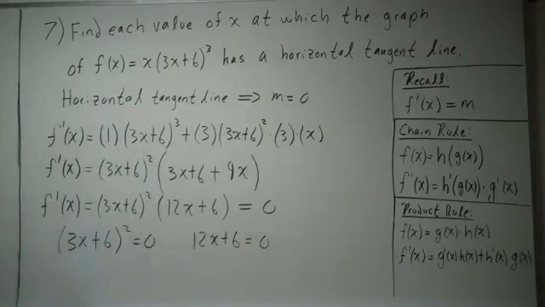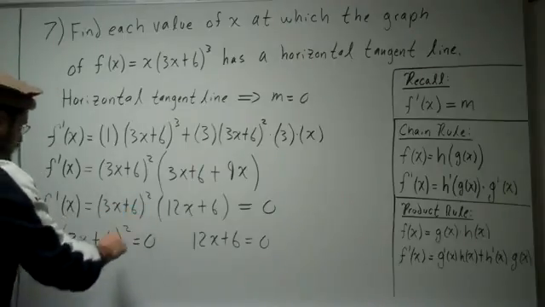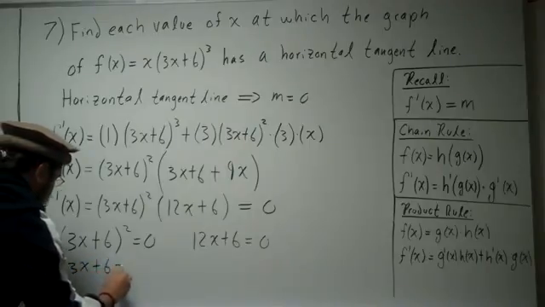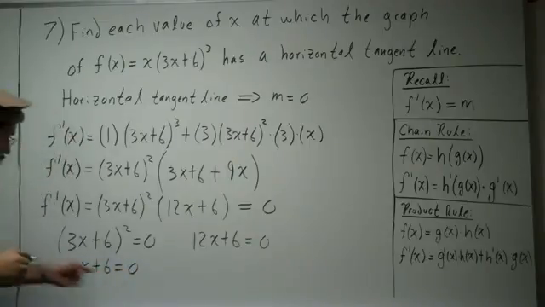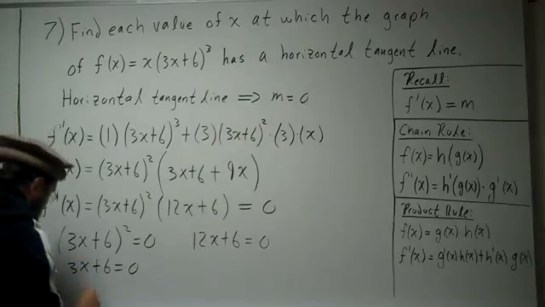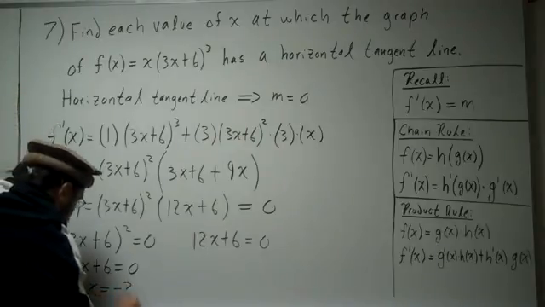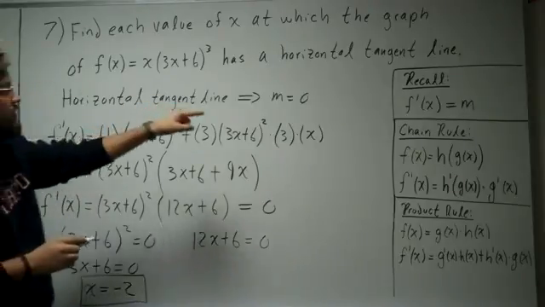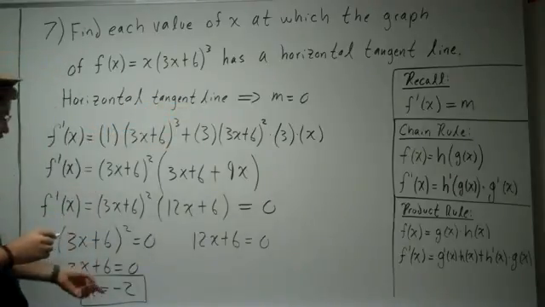Okay, alright, let's go ahead and solve this. Well, you square root both sides, so the square is gone. So you're left with 3x + 6 equals 0. Move the 6 to the other side and divide by 3. So you have x equals negative 2. So that's one value that will give you a slope of 0 at that x value.